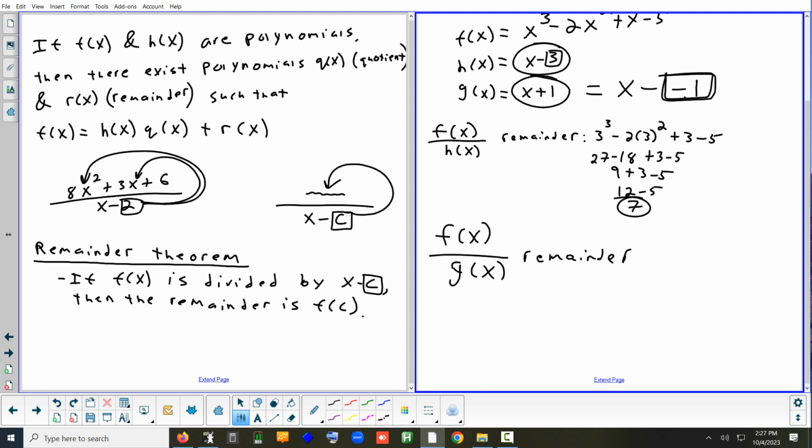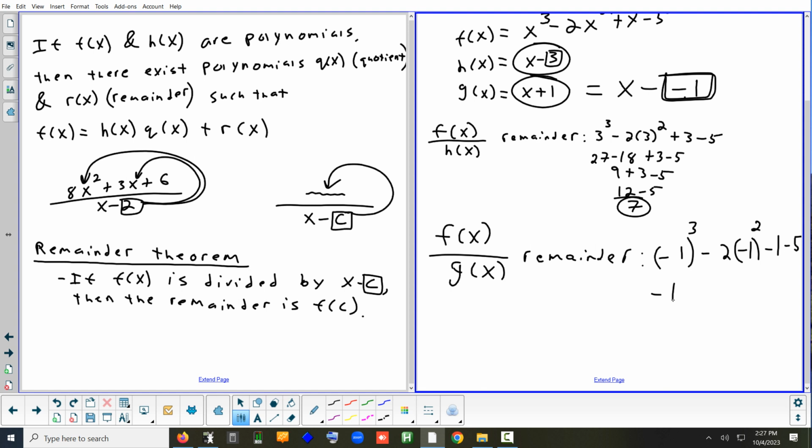Okay, so the remainder this time, we've got -1 cubed minus 2 times -1 squared minus 1 minus 5. Okay, what's -1 cubed? -1, yep.